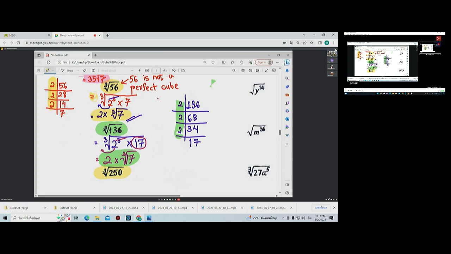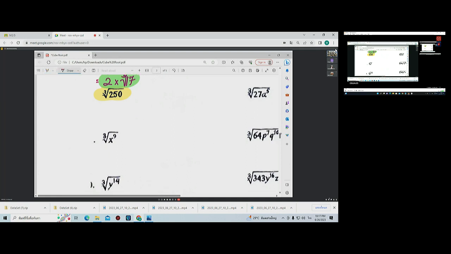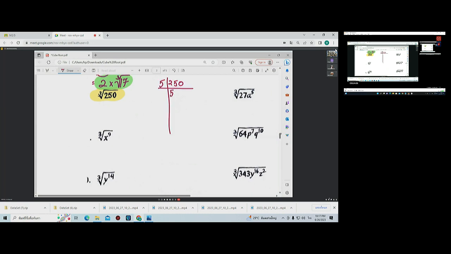Okay, you check your answers, okay? So let us check. I saw many of you have done correct answers, so it's very easy. Good, you understood? 250 can be factorized with 5, 5, 10, 5, 2.